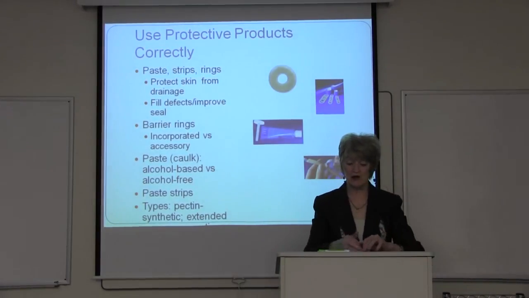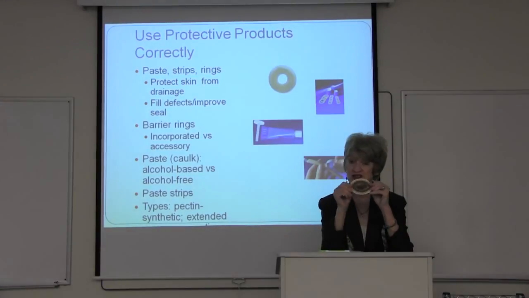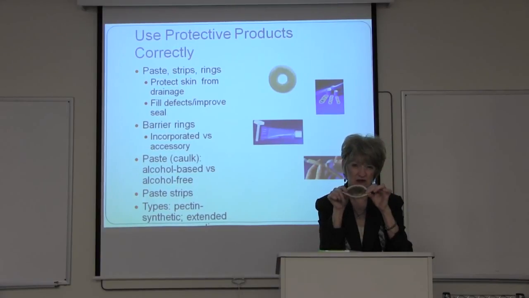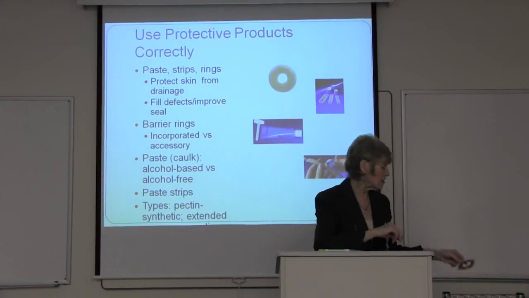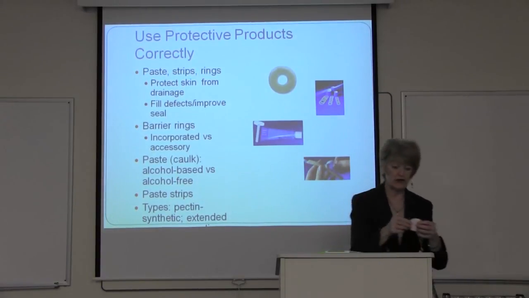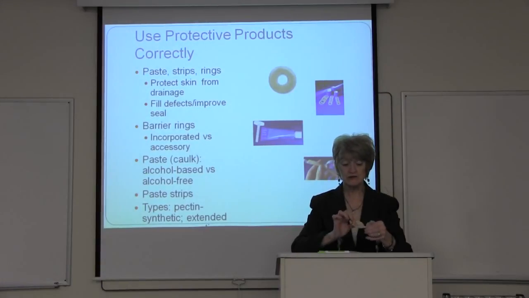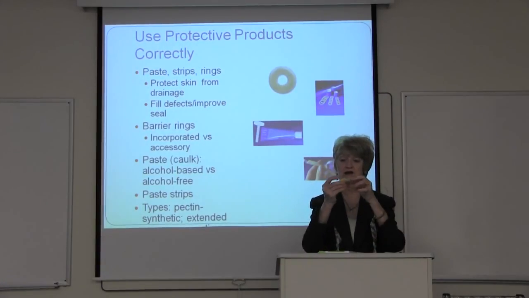Sometimes we'll add a barrier ring if we need to fill defects. So maybe I have kind of an oval defect around the stoma and I want something that will fill that defect and will be moldable, then I could reach for a barrier ring to do that. They come in round, they come in oval. One of the nice things about barrier rings, they're sticky on both sides.